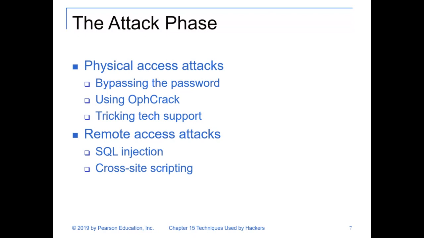Once again, your textbook walks through an example of an SQL injection. Cross-site scripting is a remote access attack that redirects the user to other pages or sites. Once again, follow up in your textbook for more information on cross-site scripting, where they walk you through step-by-step.